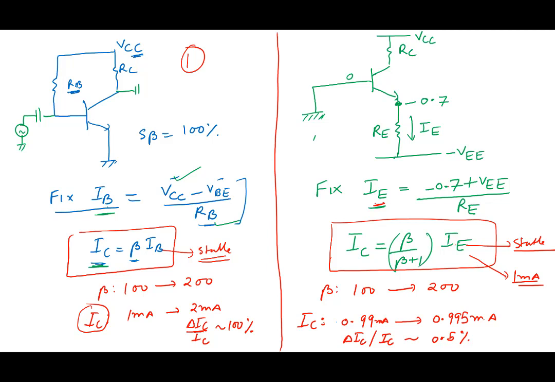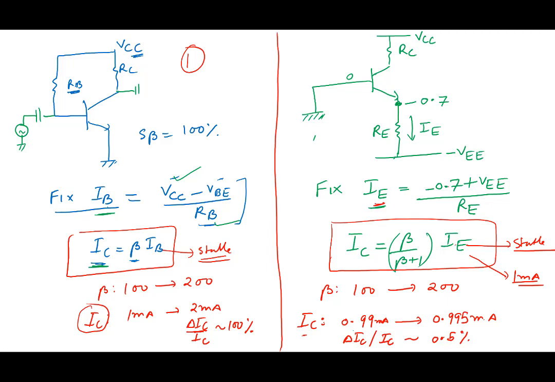See, if beta goes from 100 to 200, something has to change. So in this case, what they've done is they said, okay, I'll make IC stable. Now, if IC is stable, obviously IB will change a lot. Okay, IB will change a lot, and what will be the consequence of change in IB?